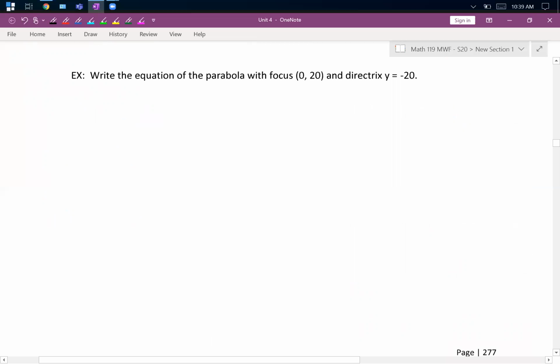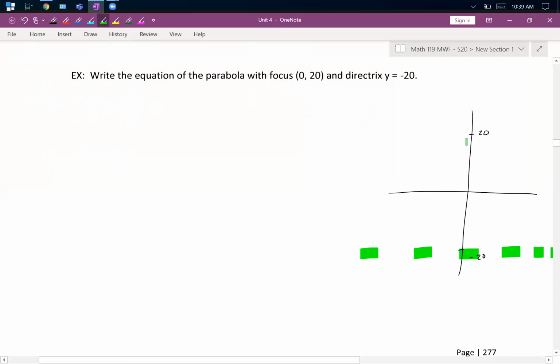All right, so here we're writing the equation of the parabola with a focus of 0, 20 and a directrix of y equals -20. Just like with the hyperbola, I usually start with just a general kind of picture so I can figure out, is it x squared, is it y squared? So I have a directrix at y equals -20. y equals tells me horizontal line.